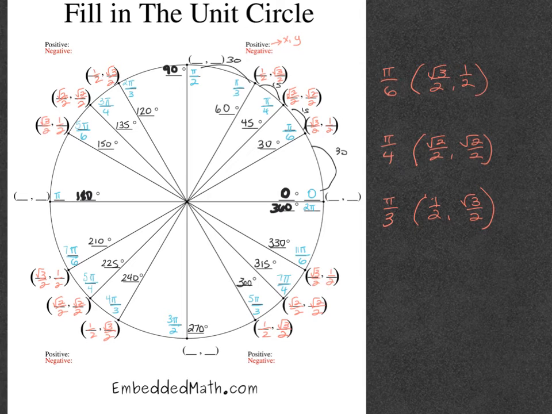And again, when we get into 4-2, we're going to talk about this in terms of sine and cosine and tangent, but right now we're sticking to the x's and y's. In quadrant 2, now we're moving left and up. So the positive is the y, the negative is the x.